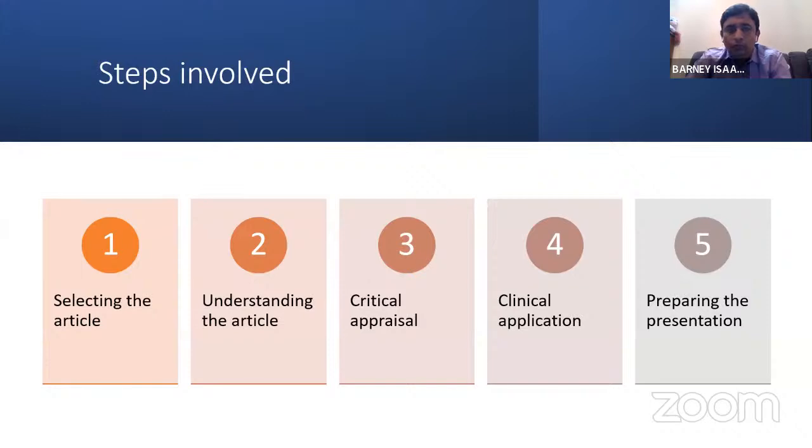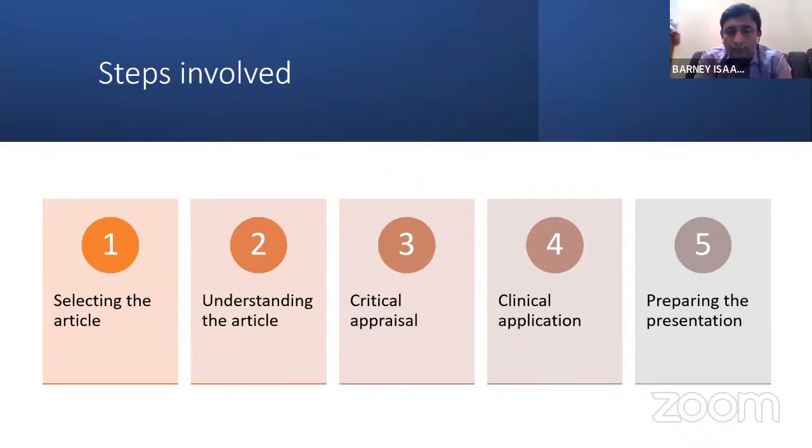Now, when each one of us plans research or looks at a research article, the first and the fifth steps are more related to journal club. Steps 2, 3, 4 become very important. We need to select an article, particularly for a journal club, or to see if what we are practicing is appropriate and whether we have to make any changes.